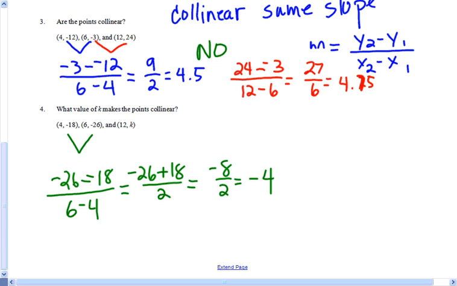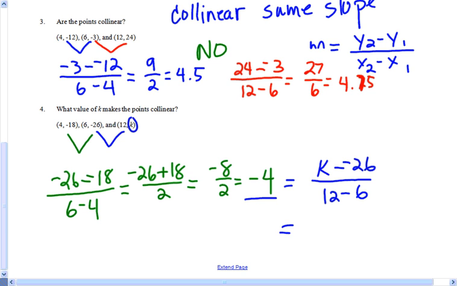All right. Now, if the slope between the other 2 points is the same, then they're collinear. So now I do have a variable here, and I'm going to use that in my slope formula. So we want this negative 4 to equal k minus negative 26, I'm subtracting the y values, over 12 minus 6.